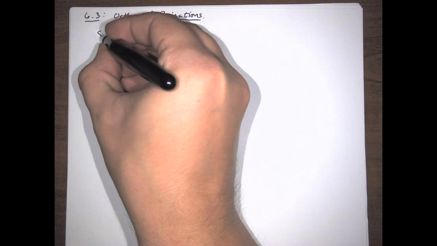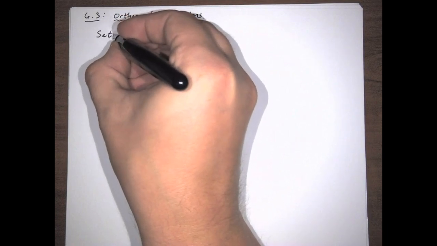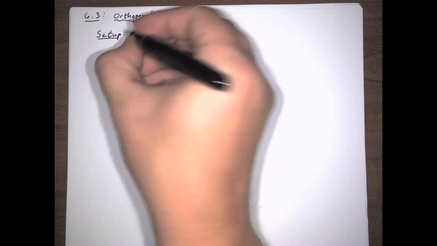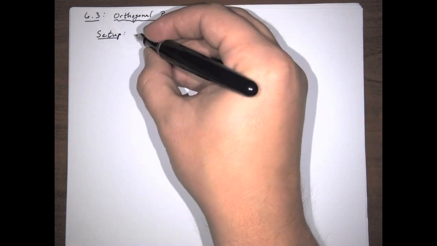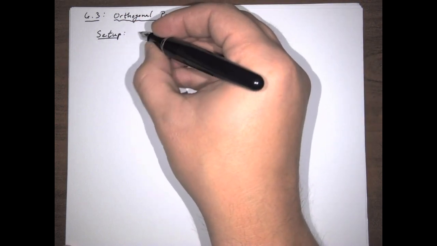But here we're going to expand that a little bit, and what we're going to look at is a setup where we have a subspace of Rn.